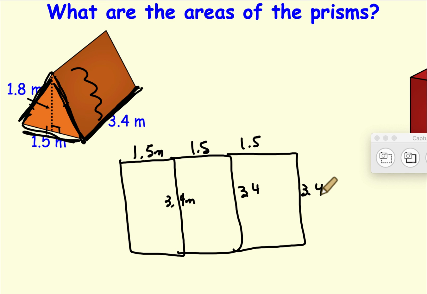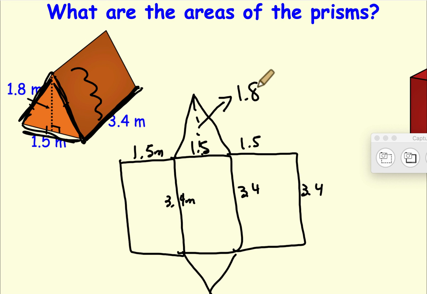Okay, and then they have a triangle that's hooked off of them. So I'm going to draw my triangle, hooked off, and I'm going to draw the height of my triangle, and show that the height is 1 8/10 meters. Now I'm ready to do my surface area because I can see all my faces, and there's 5 of them.